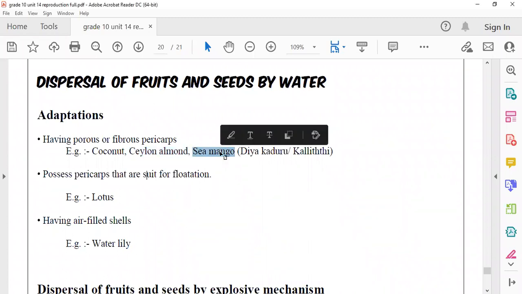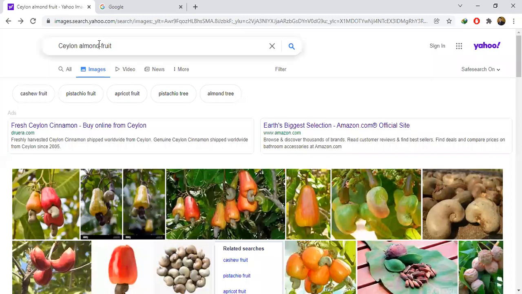Next, it is sea mango. You can see this only in the sea coastal area.